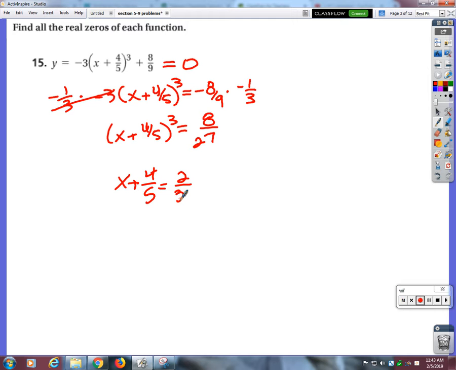What's my last step? Subtract 4/5. To do that, common denominator is 15. So 15, 10, 12, and 15. So it's negative 2, bless you, 15. Okay? So that one came out to be an actual nice answer.